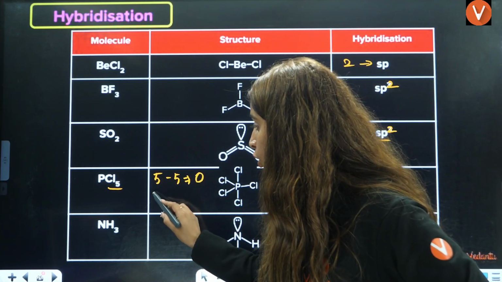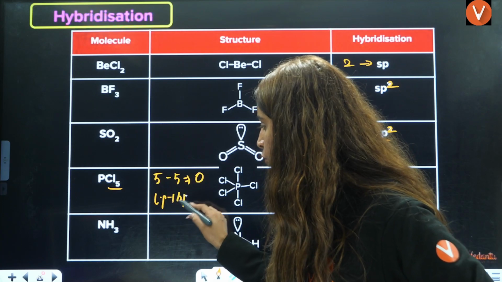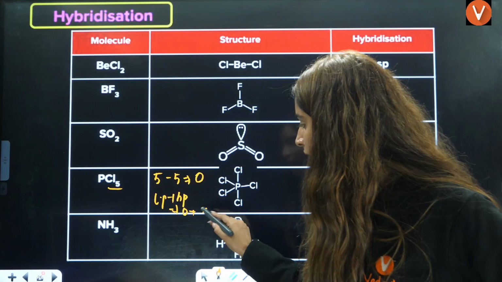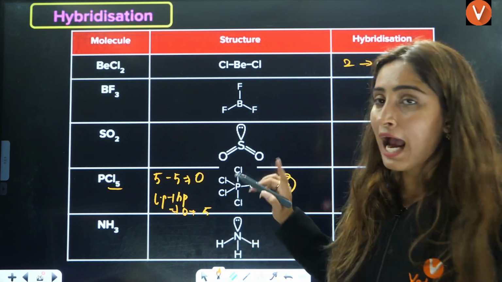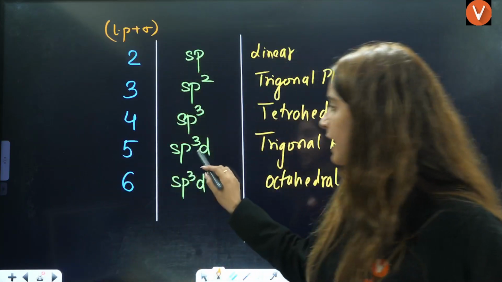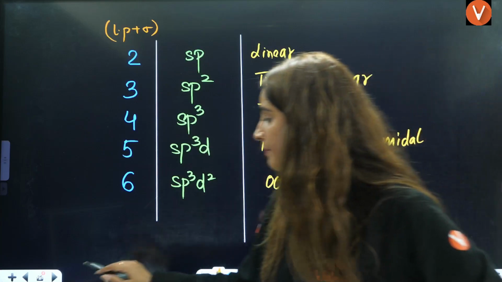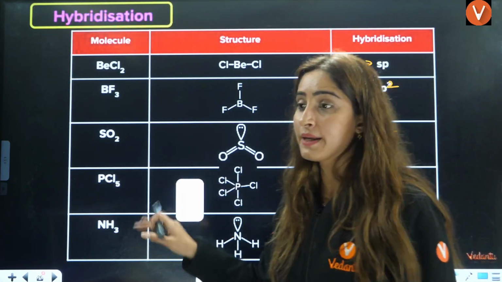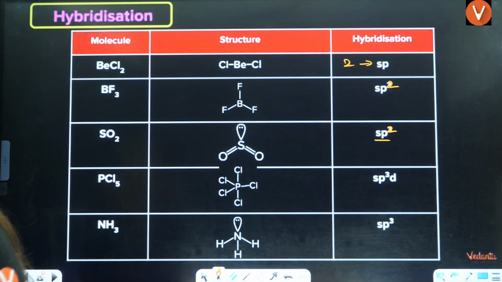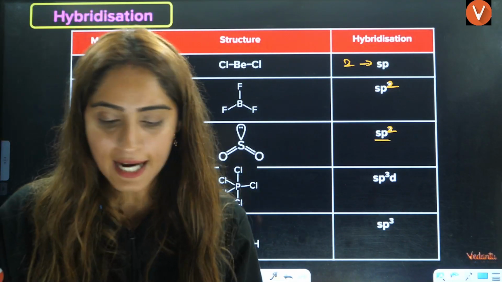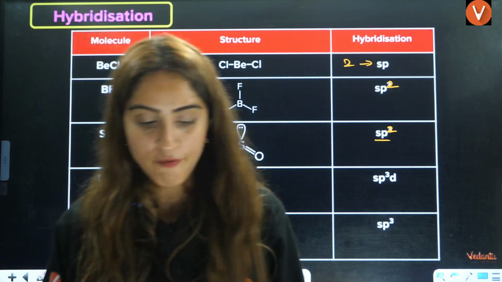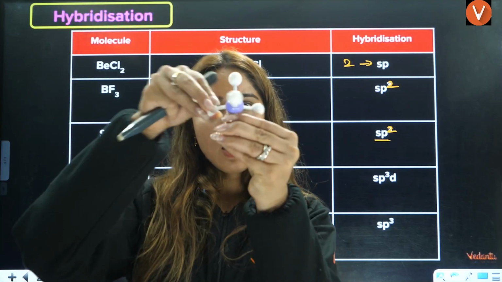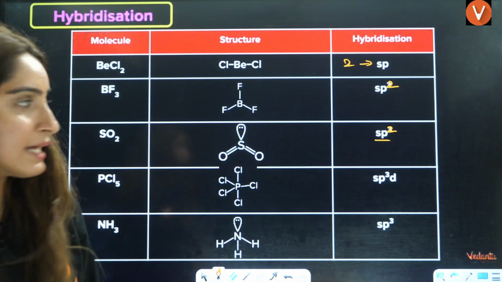Lone pair plus bond pair, lone pair is 0, bond pairs we have 5 bonds with chlorine, so the answer is going to be 5. And for 5, the answer is sp3d, that is trigonal bipyramidal. This is the structure of trigonal bipyramidal. Is that getting clear in everyone's head, what we are doing here?